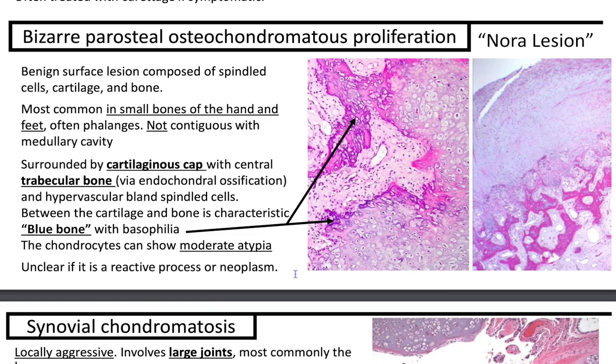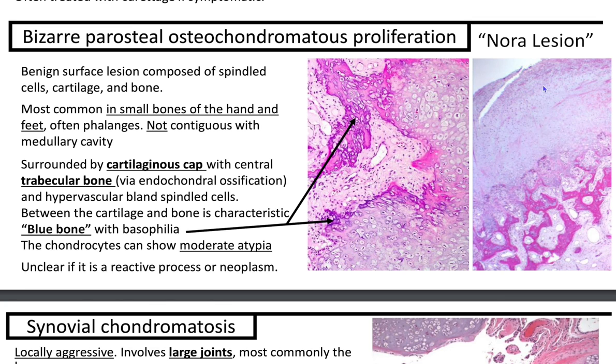Talk about the Nora lesion, or the bizarre parosteal osteochondromatous proliferation. Now say that 20 times on one foot doing jump ropes. No, I'm just kidding. So this is a benign surface lesion composed of spindled cells, cartilage, and bone. And it's most common in the small bones of the hand and feet, often the phalanges, and it's not contiguous with your medullary cavity.